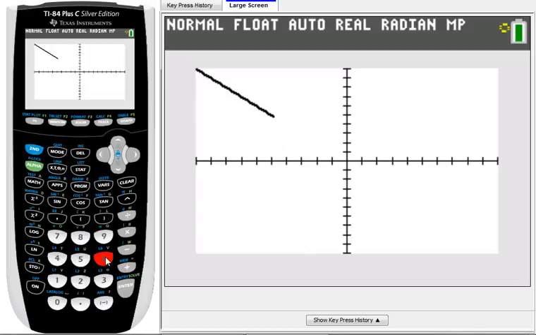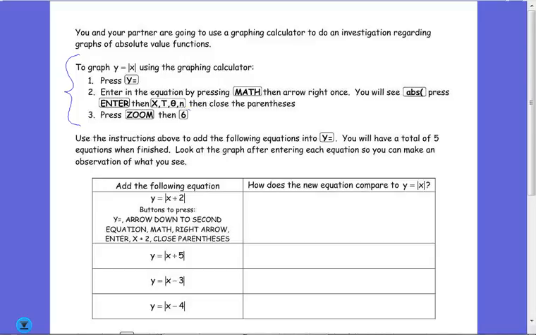And so, sure enough, there is the graph that we just finished making on the front page. A nice, pretty V. Now this is going to stay black. Every other equation we add is going to be a different color. So just remember, our original picture will always be black.